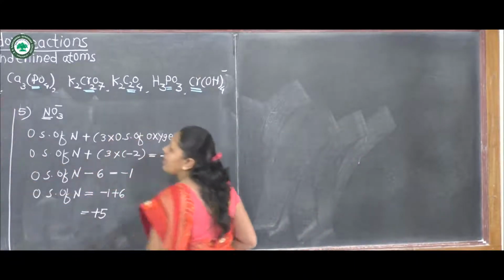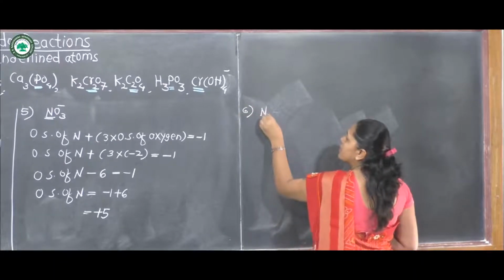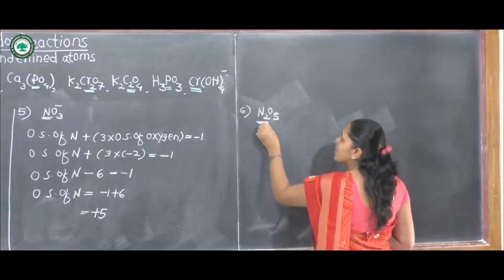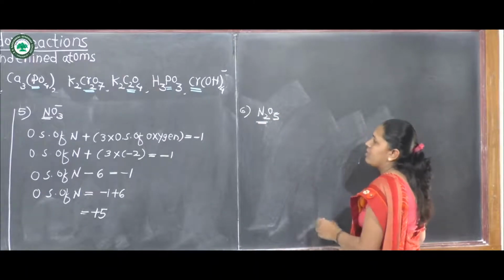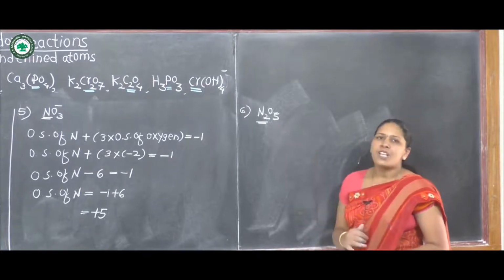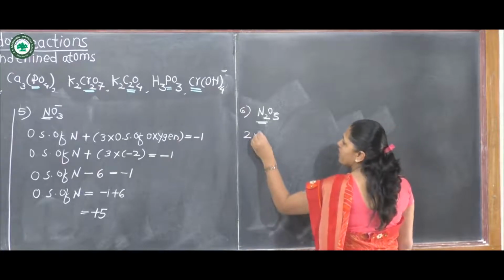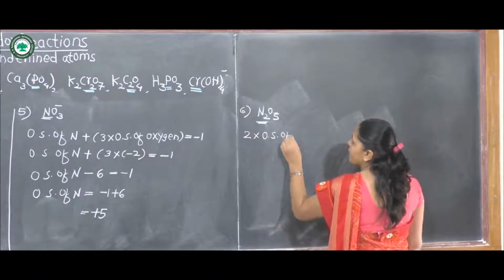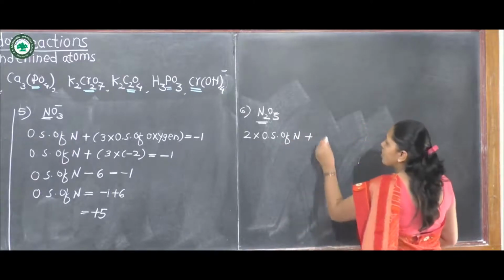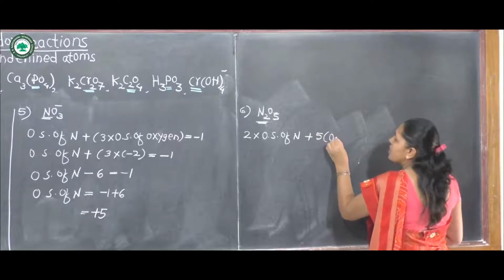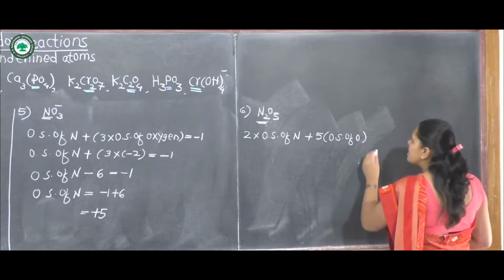Then next example, N2O5, dinitrogen pentoxide. Sixth example, here also the oxidation state of nitrogen is to be calculated. Here 2 nitrogen are present, therefore 2 multiplied by oxidation state of nitrogen plus 5 oxygen, therefore 5 multiplied by oxidation state of oxygen is equal to what?